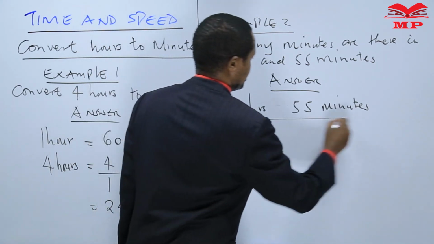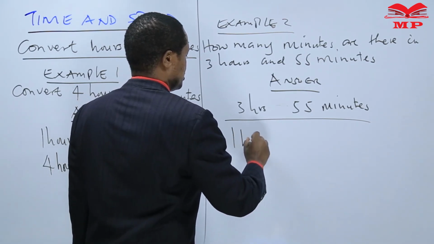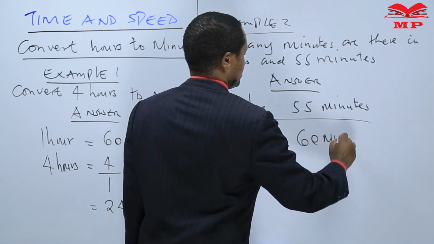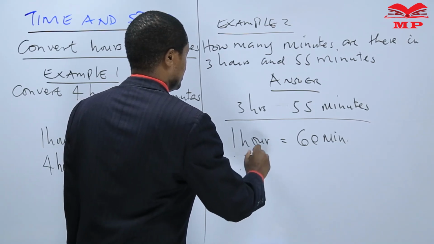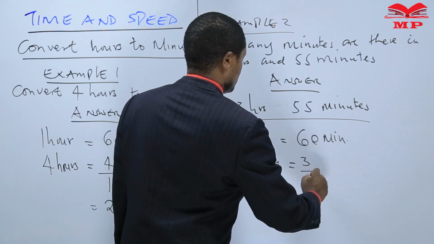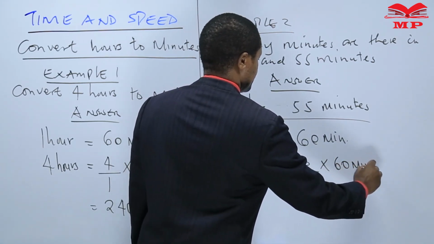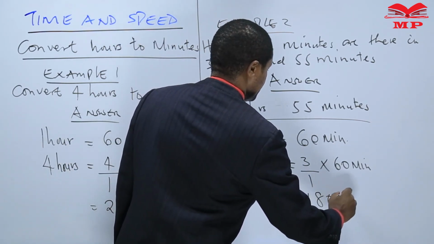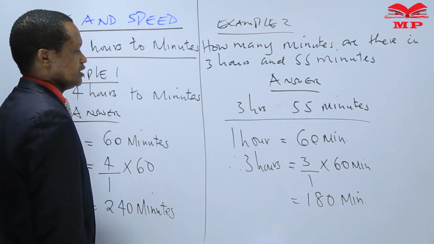1 hour is equal to 60 minutes. Therefore 3 hours will be equal to 3 over 1 times 60 minutes, which gives us 180 minutes.